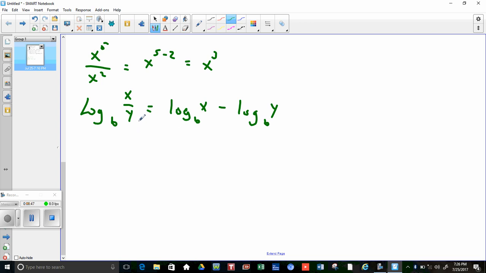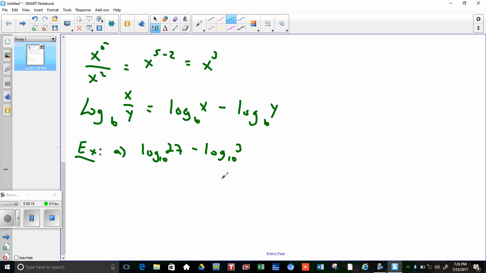So let's see if we can do a few examples of this. Let's condense, or write as a single log, log 27 base 10 minus log 3 base 10.